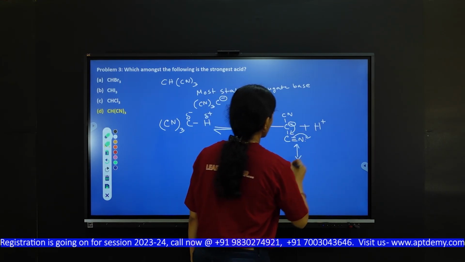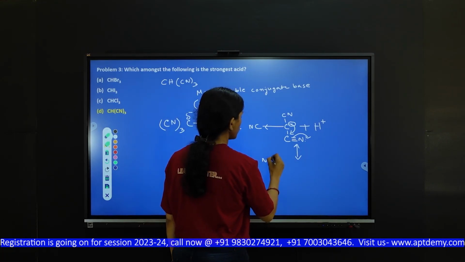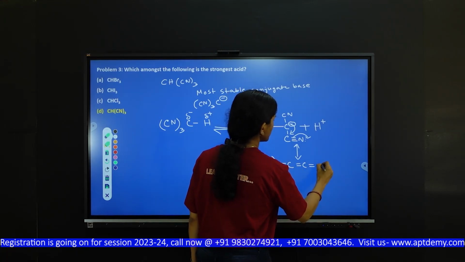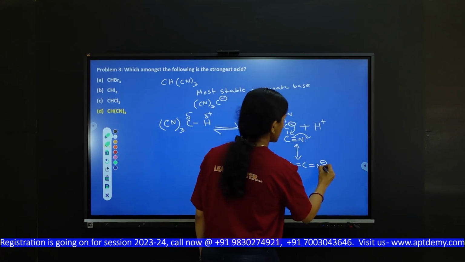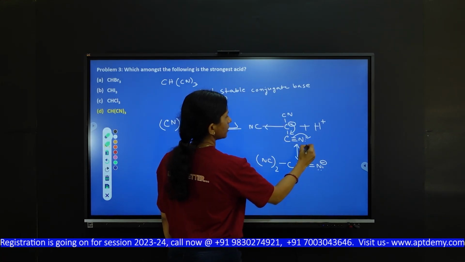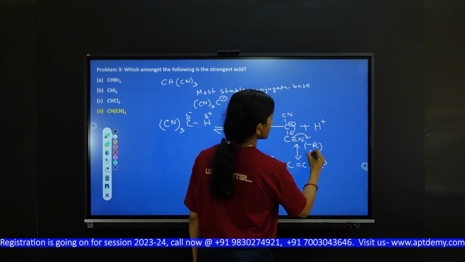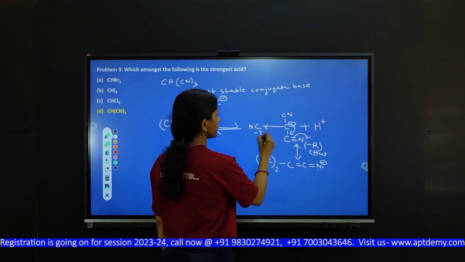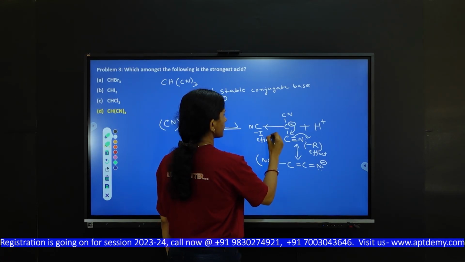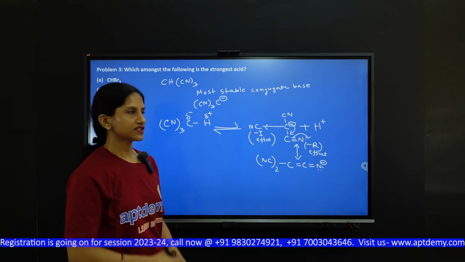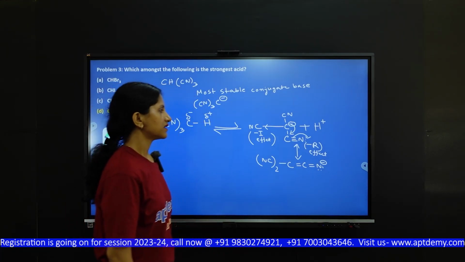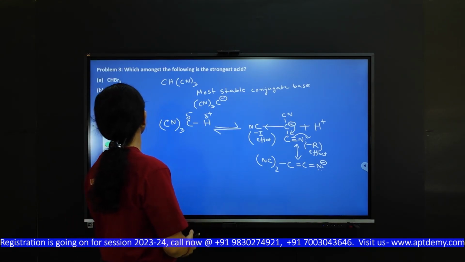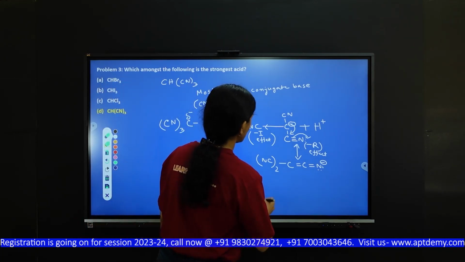So, this is giving you (CN)2C=C=N with a minus because the charge has moved here, and now here you will have the strong minus R effect from this CN, and also here strong minus I effect, because of the fact that these resonating structures are getting stabilized, and also this is giving you the most stable conjugate base for CH(CN)3 acid, right?